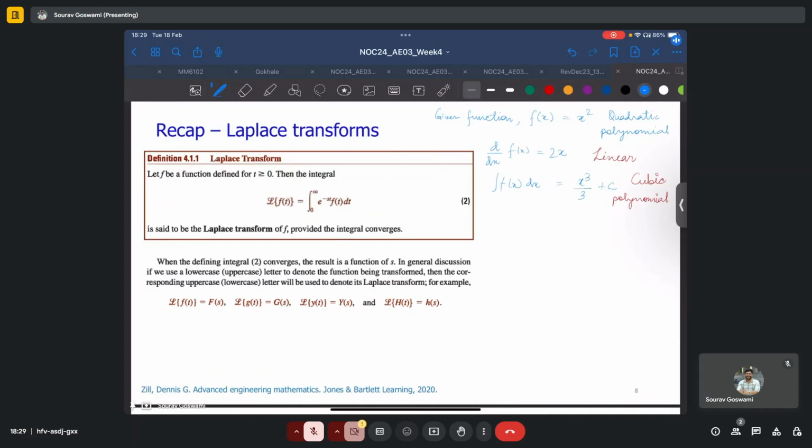And if we were to integrate f(x) with respect to dx over some chosen interval, say 0 to 3, then what we will have is x cubed by 3 evaluated at 0 and 3, which becomes 27 by 3 minus 0 or 9, which is just a constant.